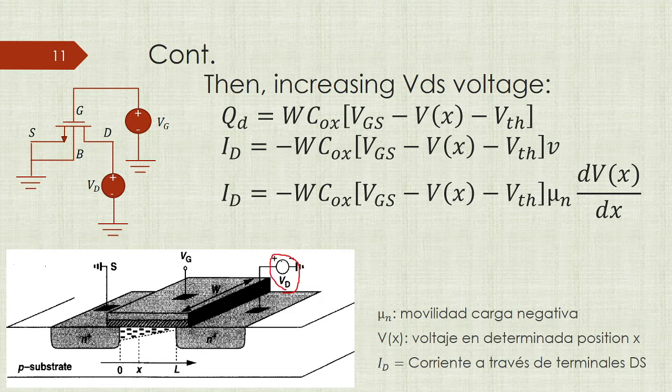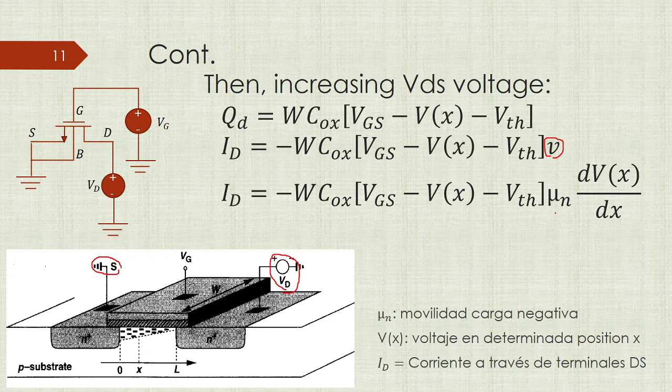We will inject a voltage VD in the drain, and the source will stay on ground. Remember that the bulk is connected to ground here. Now in our first equation, the current is equal to the charge times the velocity, so we can replace the charge with this amount, and then we can replace also the velocity.